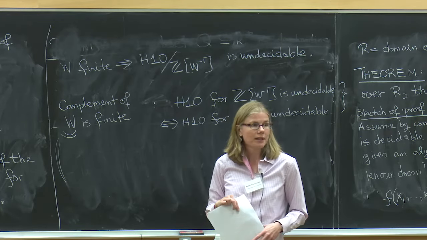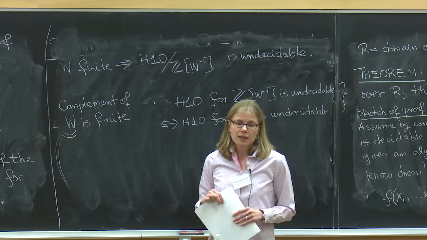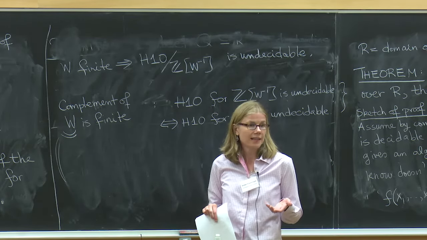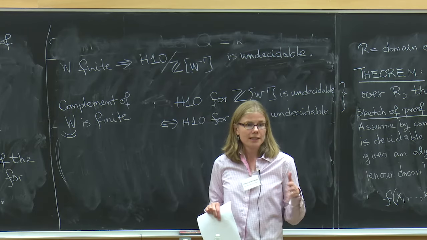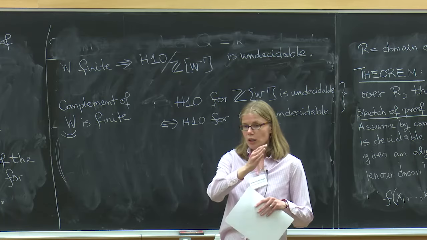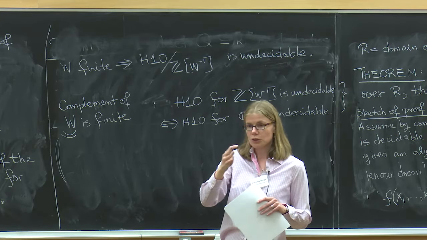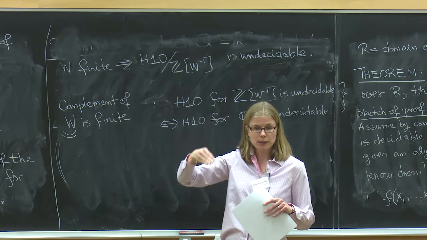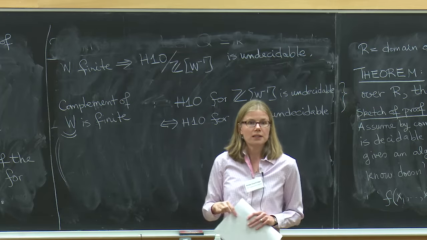Well, they're sets W where the natural density is as high as possible. Natural density of a set of primes just means you take the elements in your set up to a certain point, divide by the number of all primes up to that point, and then let the bound go to infinity.